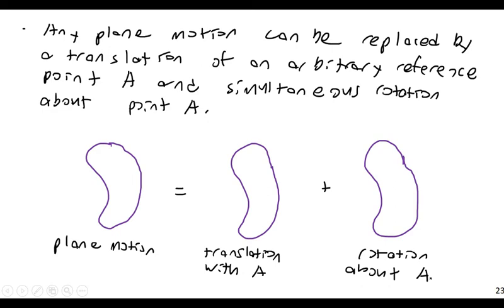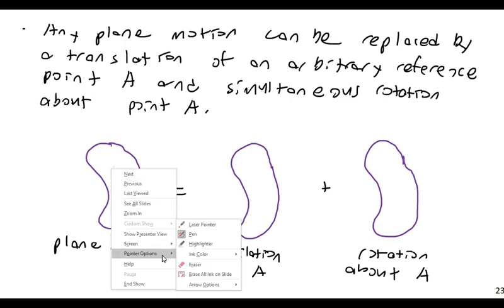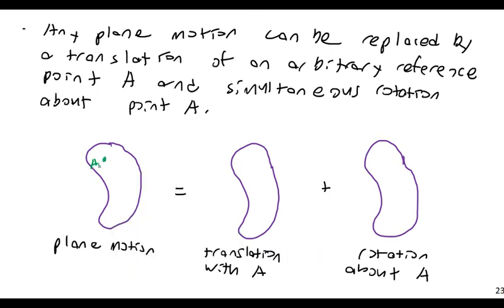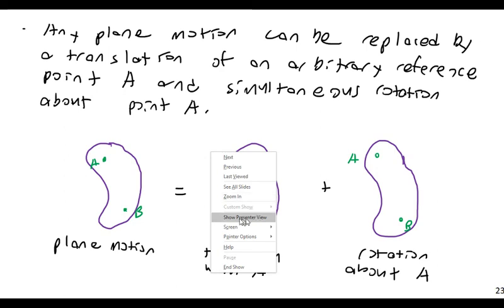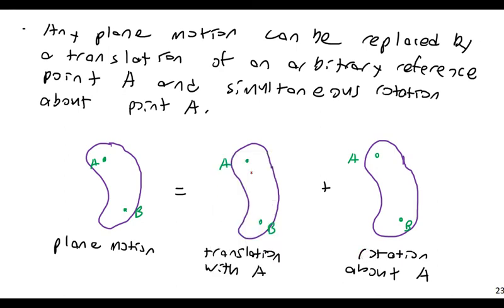Remember how you can transform forces: if you have a force on a body, you can find an equivalent force couple system about a certain point if you wish, and it looks fairly simpler. So say you have points A and B.